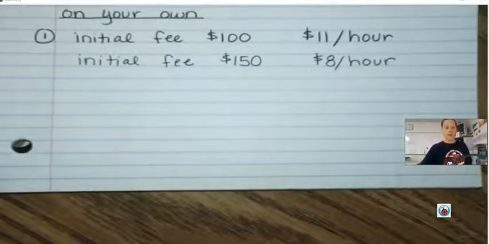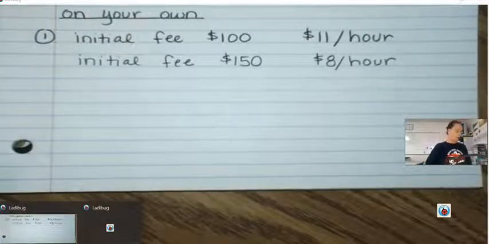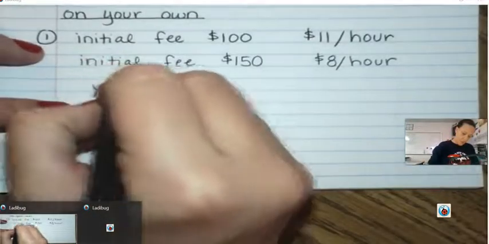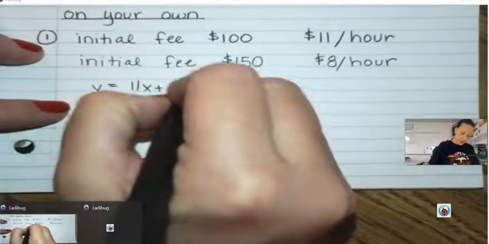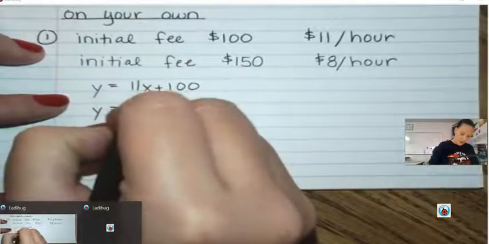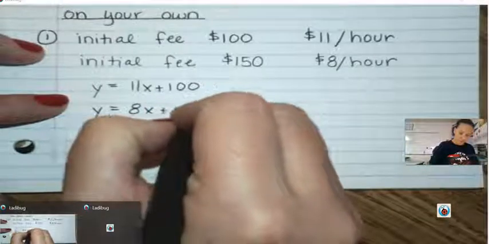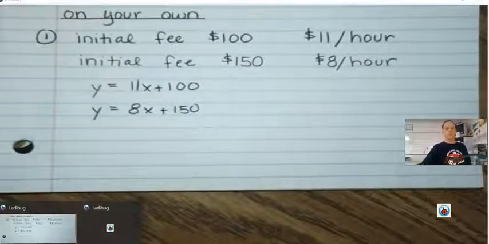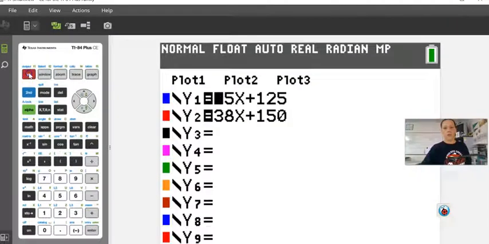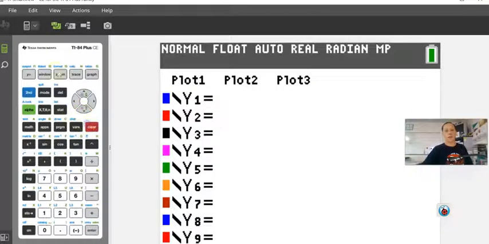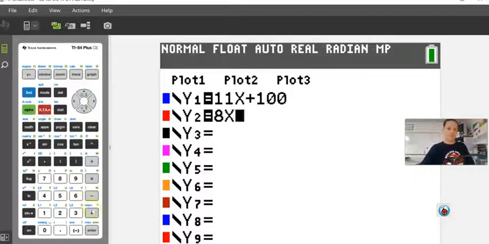I'm going to put this in my graphing calculator. The two equations are y equals 11x plus 100 and y equals 8x plus 150. I go into y equals and clear.